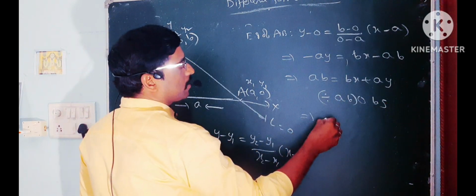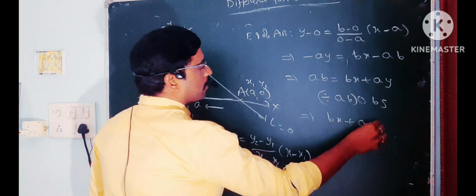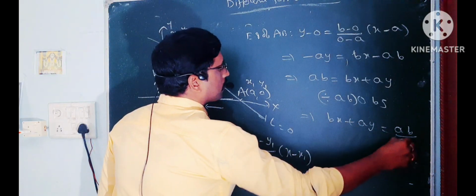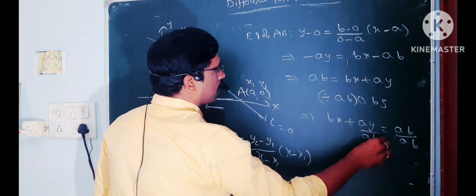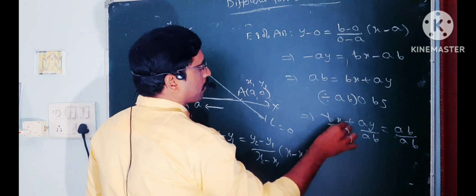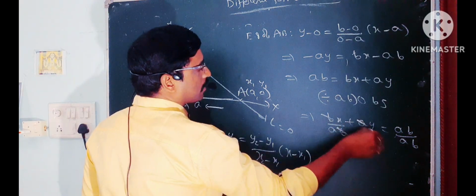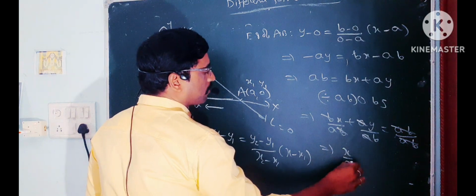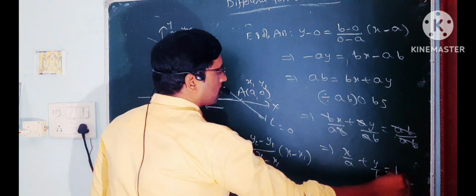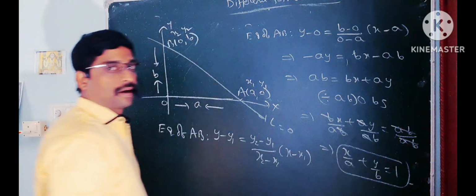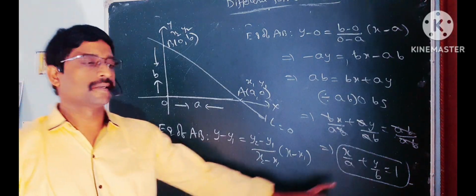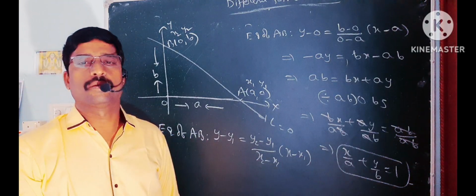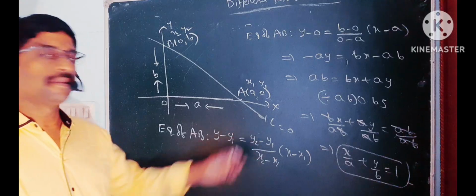Bx plus ay is equal to ab, so dividing by ab on both sides, here b cancels, here a cancels, here ab cancels. What do we get? x by a plus y by b is equal to 1. This is the intercept form of the line, where a is the x-intercept and b is the y-intercept.